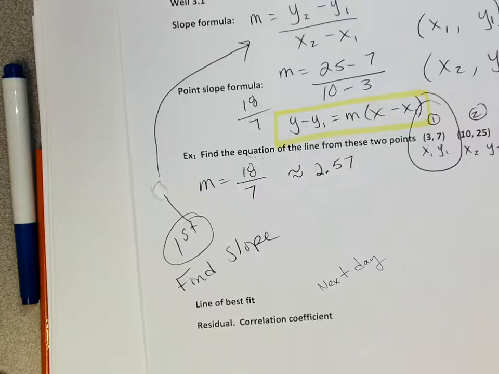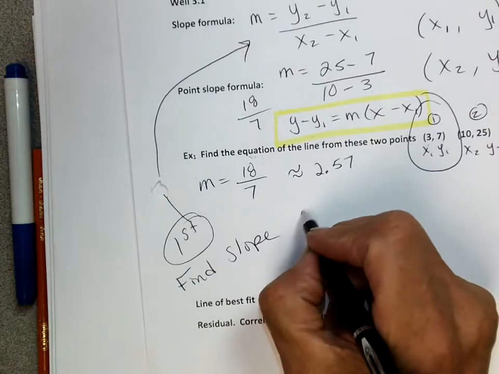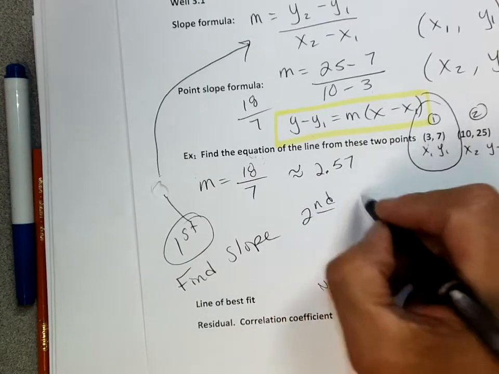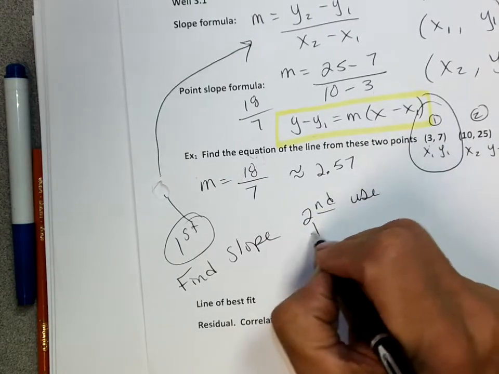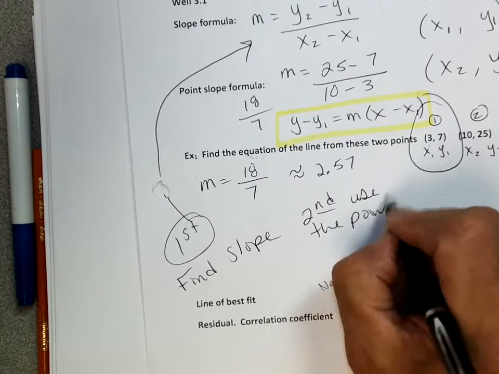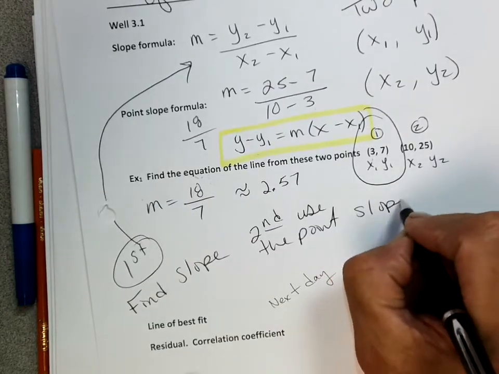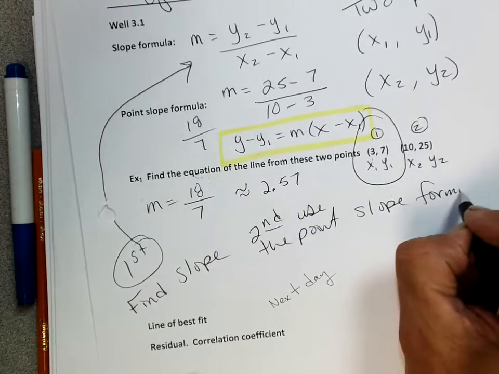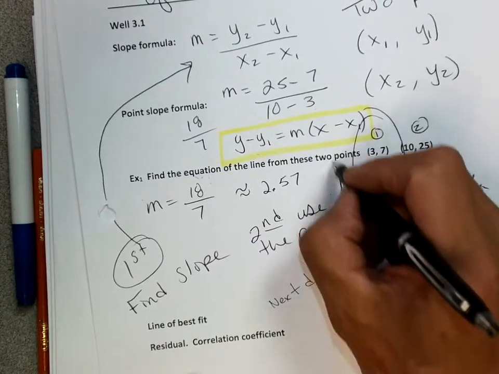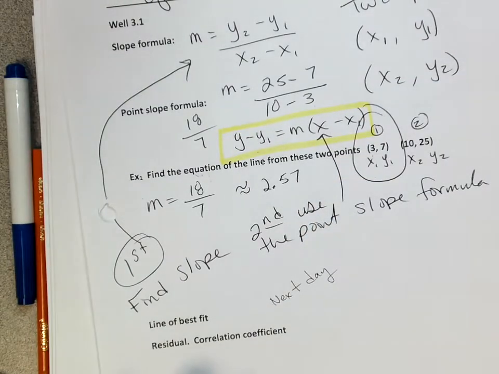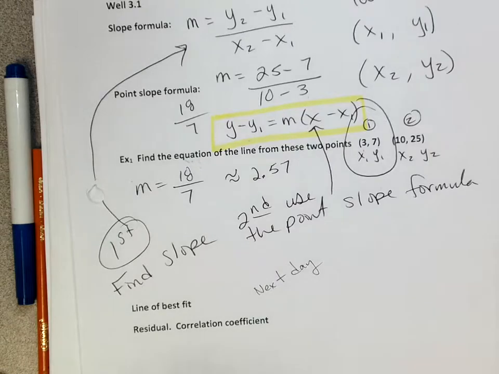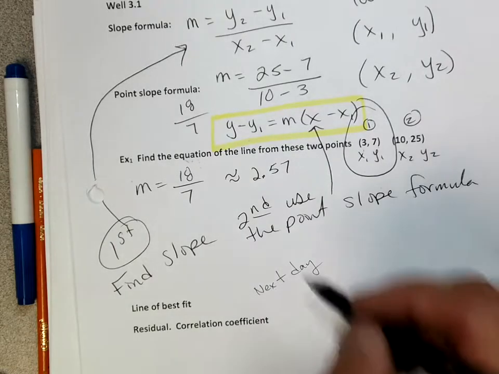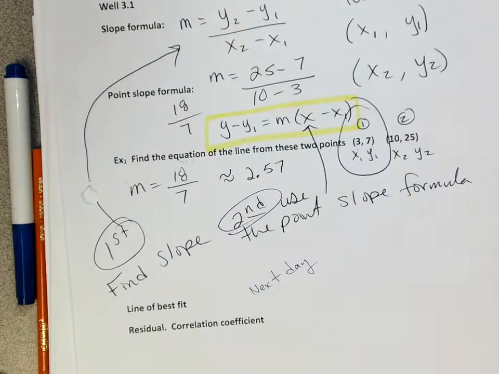Okay, second step is to use the point slope formula, and that is this one. So we're going to plug in, and I don't want to go too fast. First step is find the slope. We did that. Second step is to use the point slope formula, which is that one there.